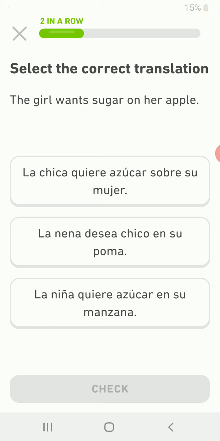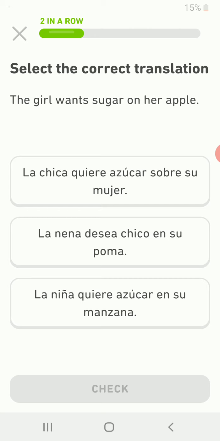Select the correct translation. The girl wants sugar on her apple. La chica quiere azúcar sobre su mujer. That's not correct. But la niña. So what's the difference between chica and niña?